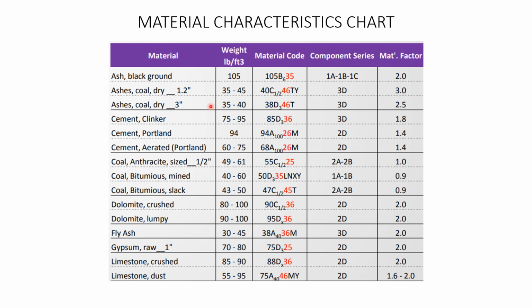They have predefined all the material characteristics inside the table. The initial table, if you start reading the CEMA standard, you will find this, and based on that they have defined the density of the material and the material code, and they have defined component series 1A, 1B, 3D, 2D, okay, and also the material factor. This material factor will be used in the future design. Okay, so let us move ahead.